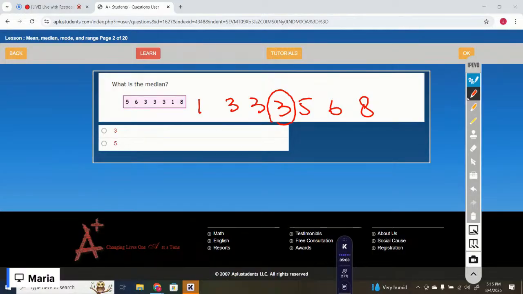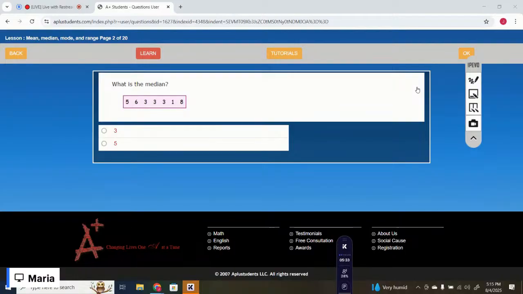All the numbers before the median are less than median and all the numbers after the median are greater than median. So the correct option is 3. 3 is the median. Option 1 is the correct option.